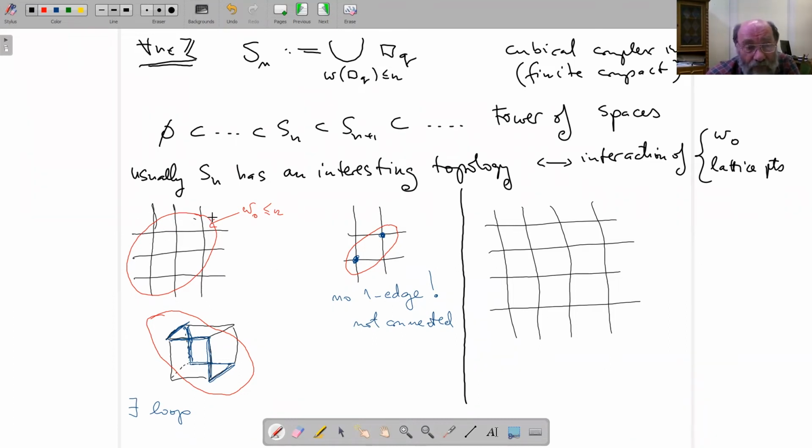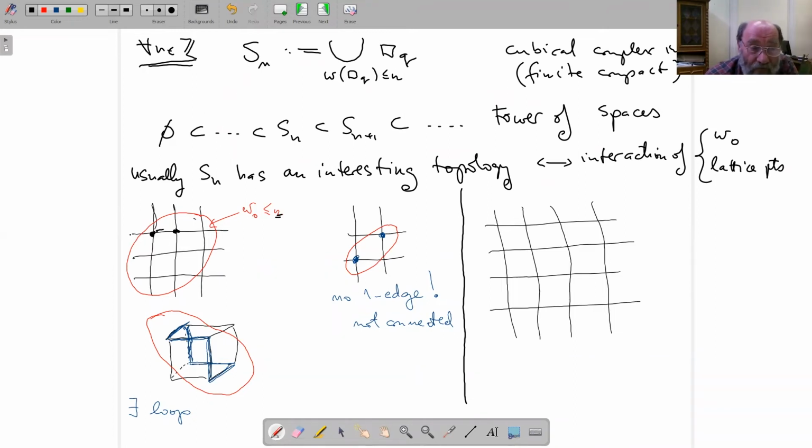Assume that this is like a quadratic function. So if I fix n, if a lattice point is inside, so it has weight less than n, I take it. If the other one is less than n, I take it. If it's out, the weight is higher, then we don't consider it in the set.